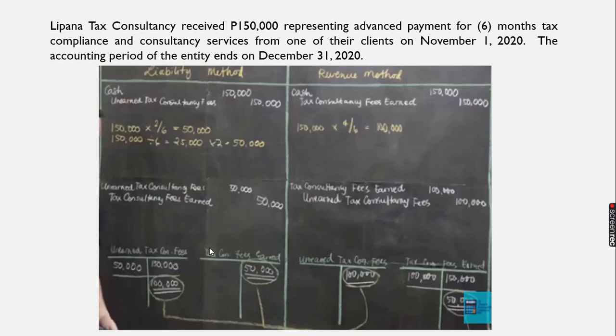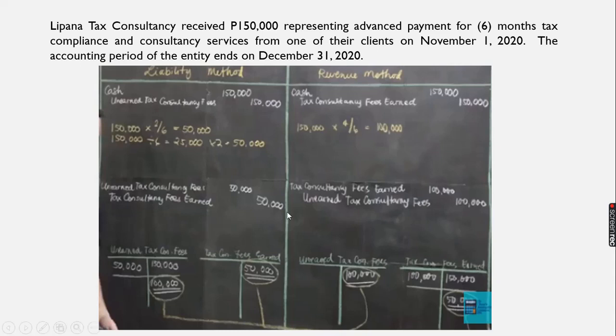So, kailangan mo lang i-divide para makuha yung hindi mo pa na-earn. Diba? Yung ilang months pa yung hindi mo na-earn. 150,000, i-divide mo by 6 and multiply mo by 4, kasi 4 months yung hindi mo pa na-earn. So, makakompute natin 100,000.